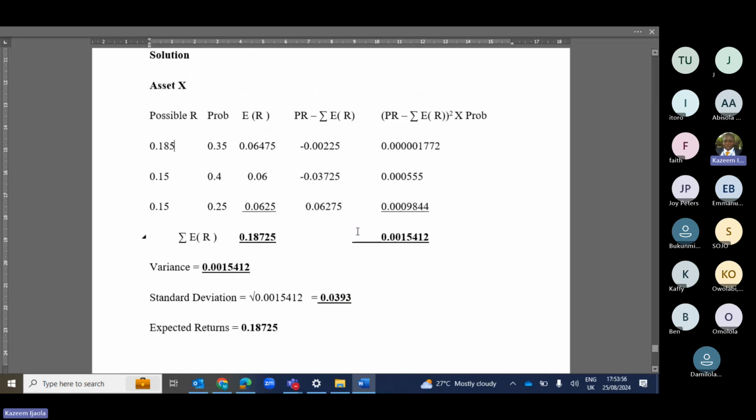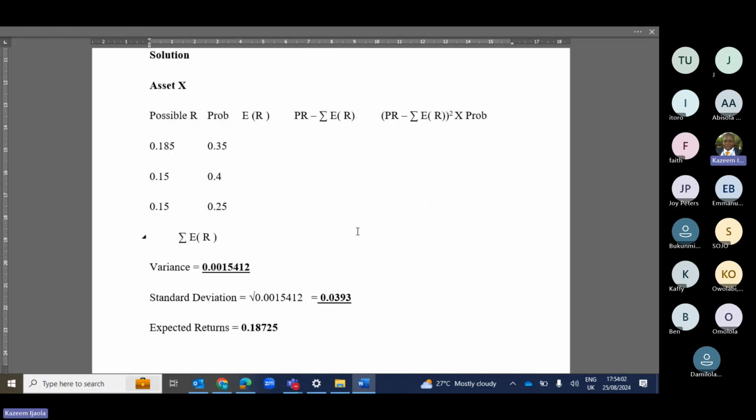The probabilities are the same, so let's just multiply again and get our answer. 0.185 times 0.35 gives us 0.06475. Then 0.15 times 0.4 gives us 0.06. Then 0.15 times 0.25 gives us 0.0375.